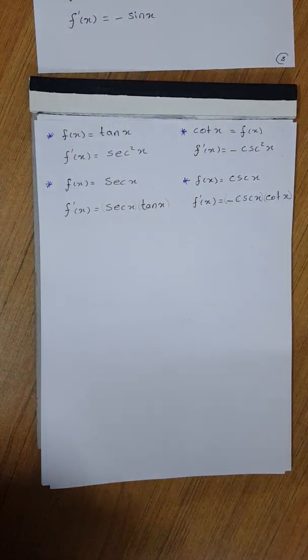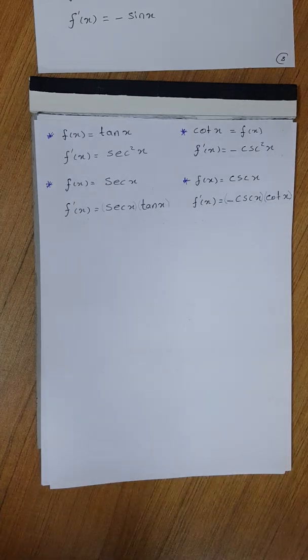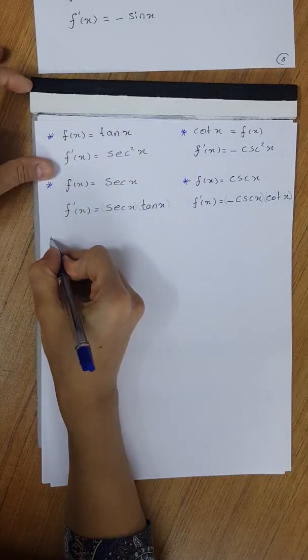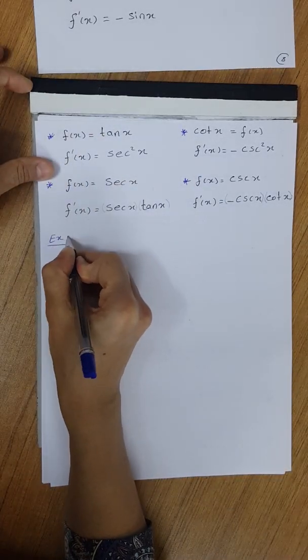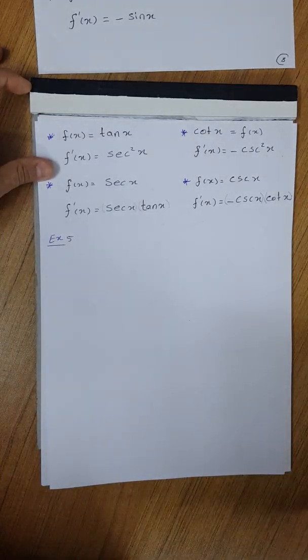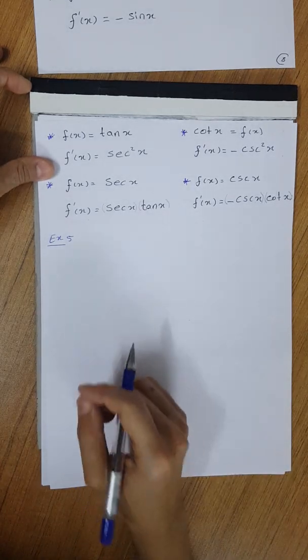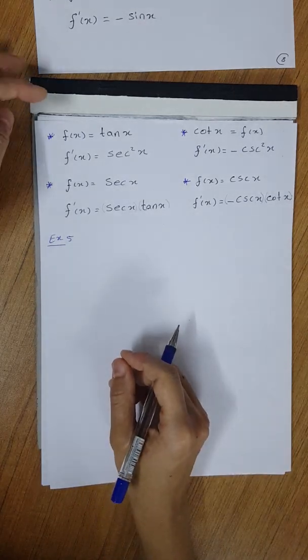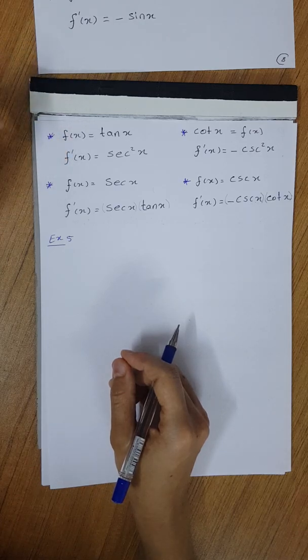We've got example 5. It says find again the derivative of tan of x, but this one is the derivation of the derivative.